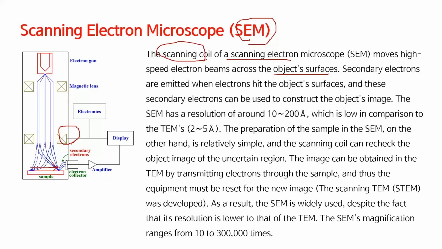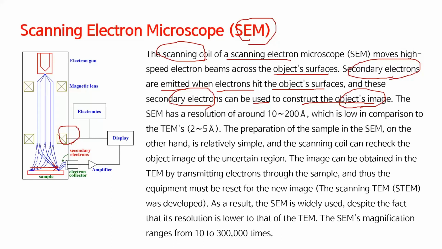So using scanning coil, we can move the electrons across the sample. Then the secondary electrons are emitted when electrons hit the object surface, and these scanned secondary electrons can be used to construct object image.